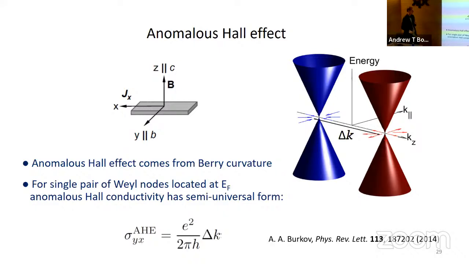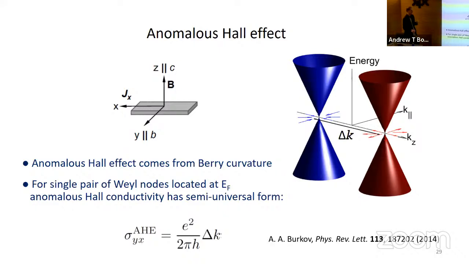In other words, it just depends upon a bunch of fundamental constants, including e squared over h, which is the quantum Hall conductance quanta, multiplied by the separation of the Weyl nodes in k space. So in principle, one should be able to measure and verify this prediction if you had a perfect system with chemical potential exactly at the Weyl nodes, and you knew how far apart these nodes are.